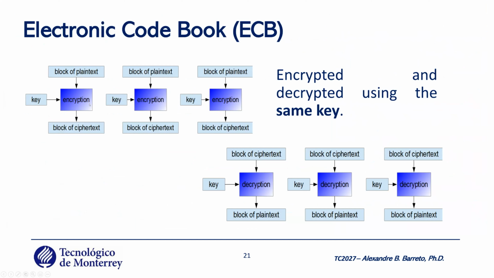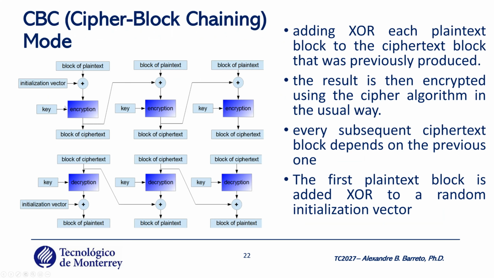If you use the same key all the time, there are some patterns inside the generation of the block ciphertext. In this case, the first key, you start with an initialization vector, is the same key.